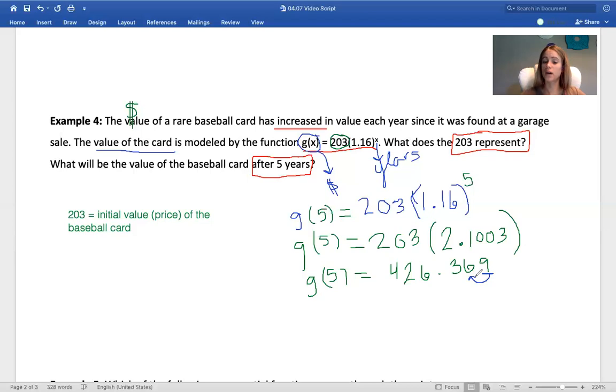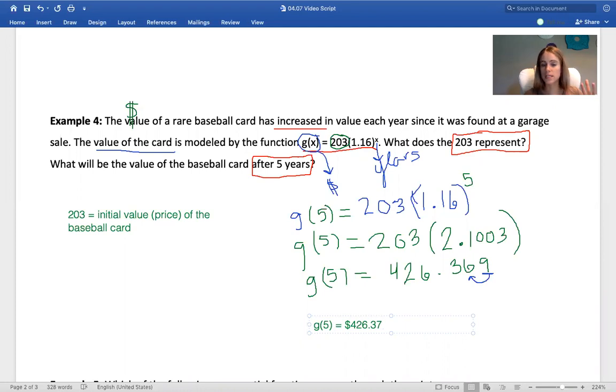And remember, if that value is above 5, you round up. If it's below 5, you round down. So that means g of 5 is equal to $426.37. So after 5 years, that's how much the baseball card is now worth. It's a pretty decent increase.